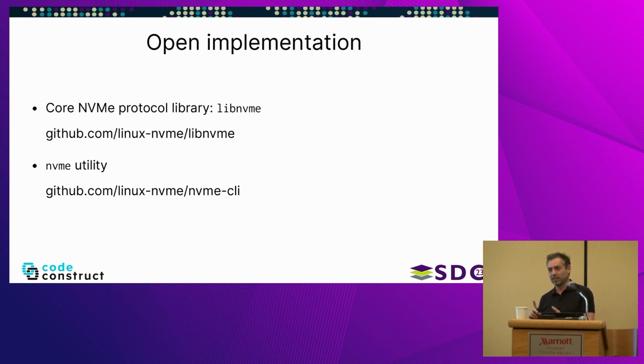We can just call identify, we can call firmware download, and it all looks the same from the client side. In the same way, the existing NVMe command line utility, because it's backed onto libnvme, just uses those same functions, and now they're available over our sideband interface for sideband management of our NVMe devices.